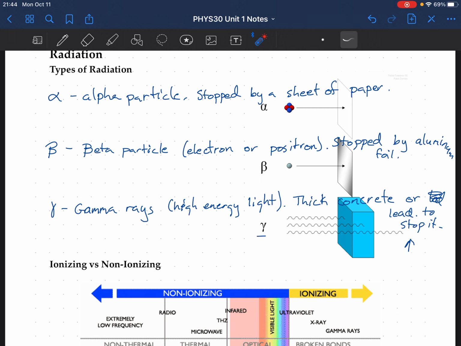Your clothes stop it. It doesn't really penetrate into your skin at all. It's not a problem. There's beta particles, which are electrons or positrons. They are stopped by aluminum foil.